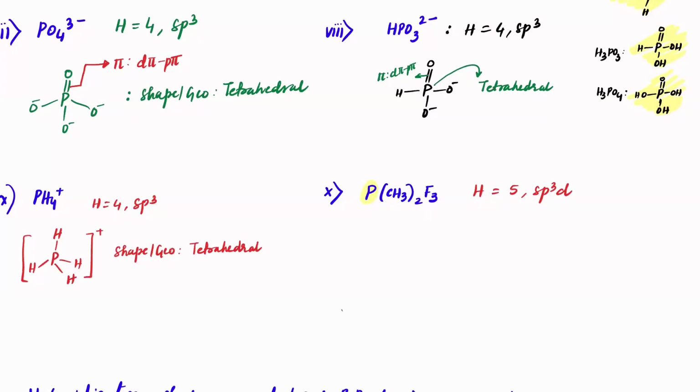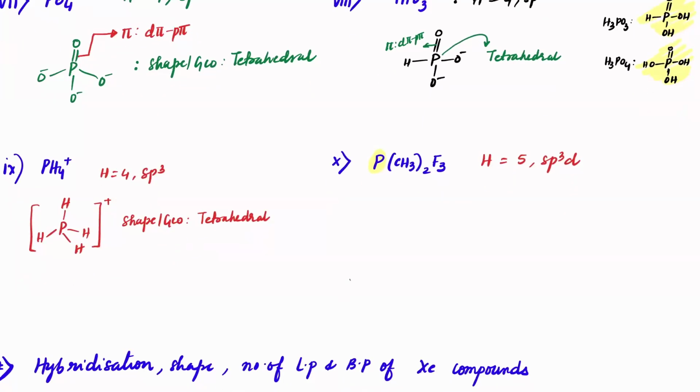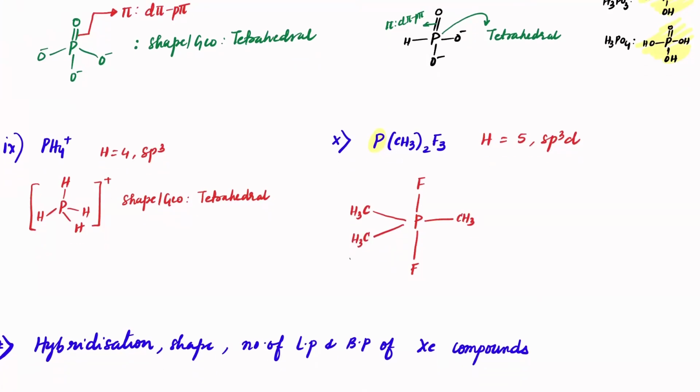So if it's 5, we should have P, and fluorine should be in the axial direction. Methyl should be in the equatorial direction. There are only two methyl, no? Two methyls. One will be fluorine.